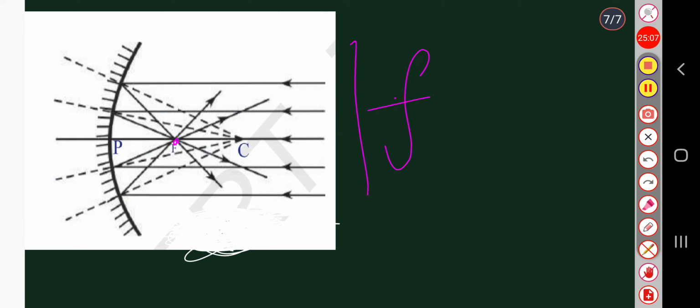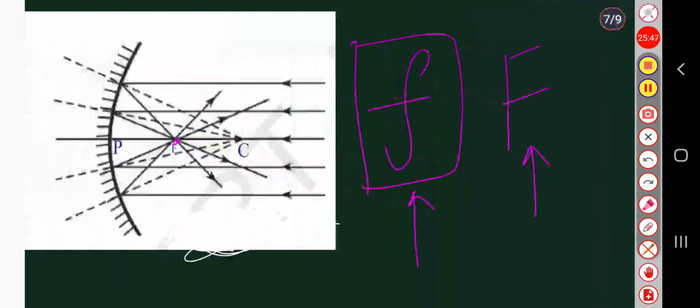Remember, focal length is different, focus is different. Capital F is used to represent focus, whereas small f is used to represent the focal length.